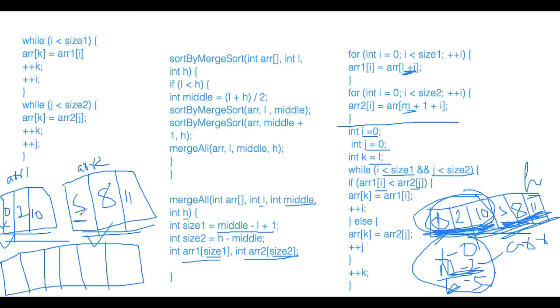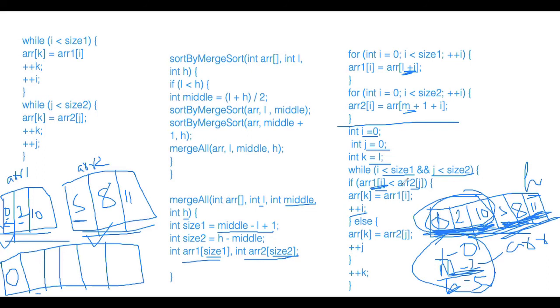So 0 and 5, which is smaller? 0 is smaller, so this condition is true. So we will put this 0 into this array, right? Awesome. And then we will increase the pointer of this array. Since we have used this element, this array's pointer increases. That's why, if this is true, we are increasing the pointer of i and not j, right?